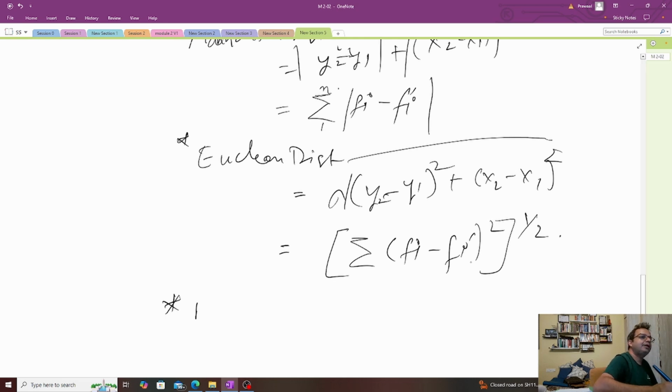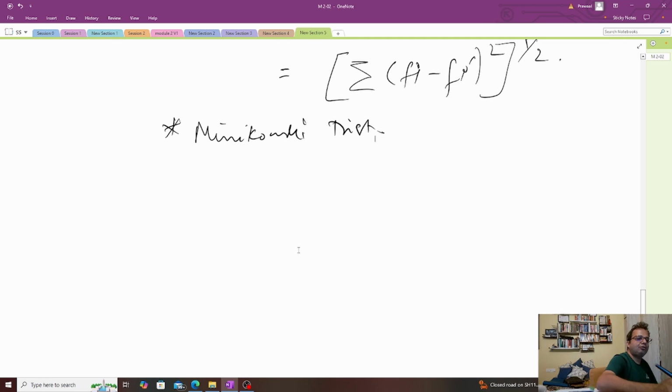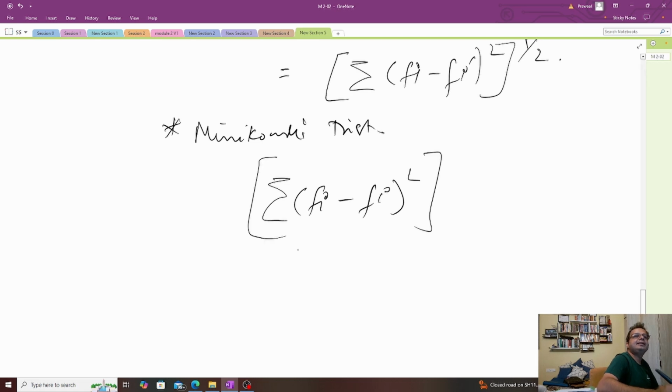Okay, so it's called Minkowski distance, and it tries to generalize all of this together by saying that if I take fi and fi dash, I raise this to the power of L, and then I take the Lth root. This is the generalization of Manhattan distance and Euclidean distance, but for all practical purposes we use Euclidean distance.